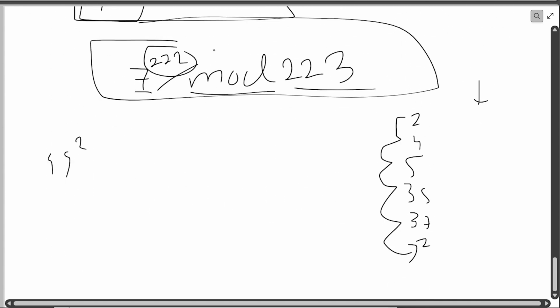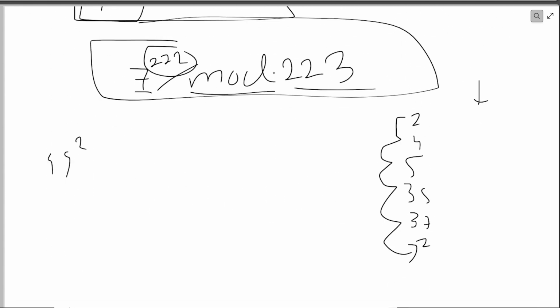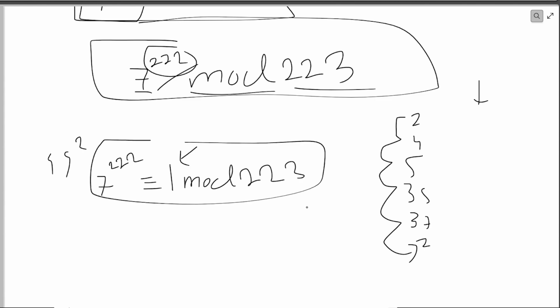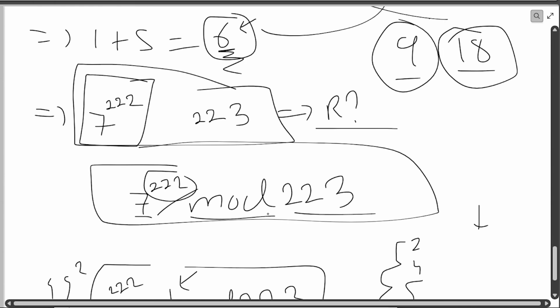So for that, there's a simple solution which directly gives you the answer and says that 7 to the power of 2 to 2 is congruent to 1 mod 2 to 3. And therefore the answer is 1.